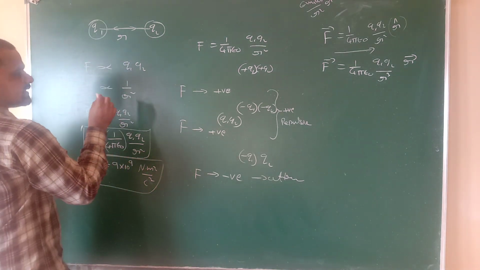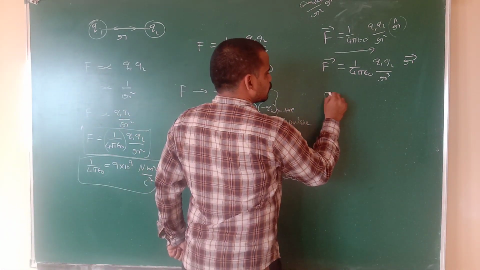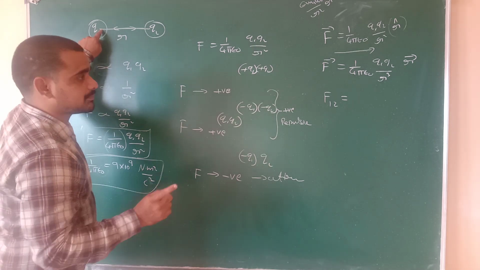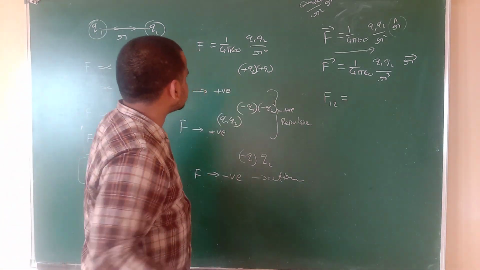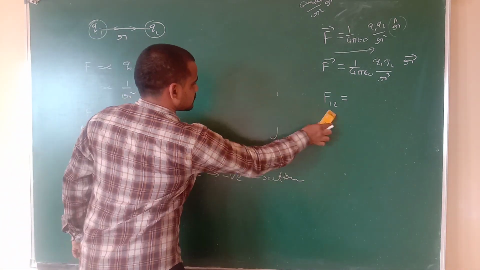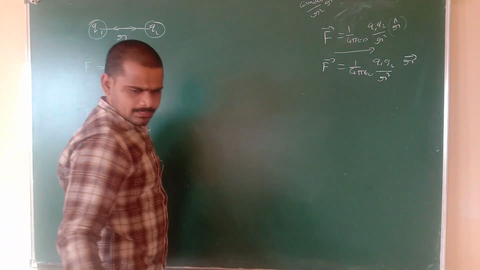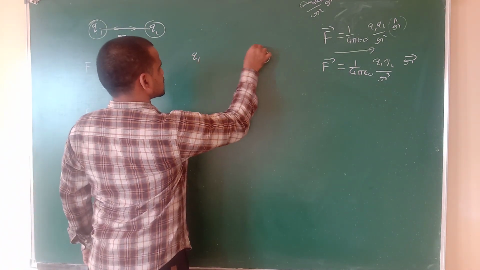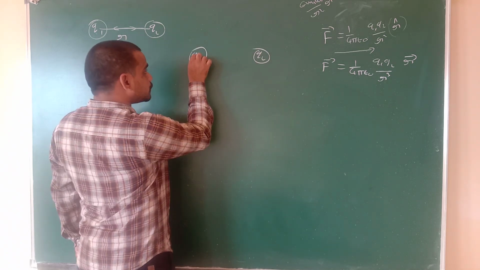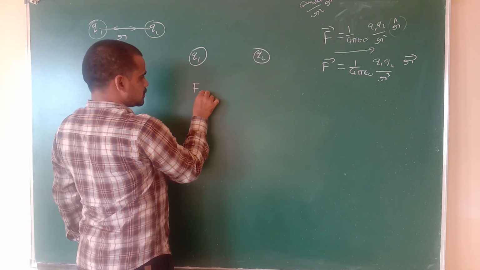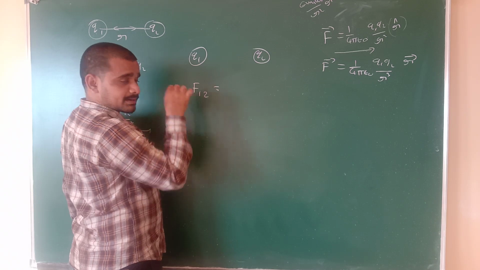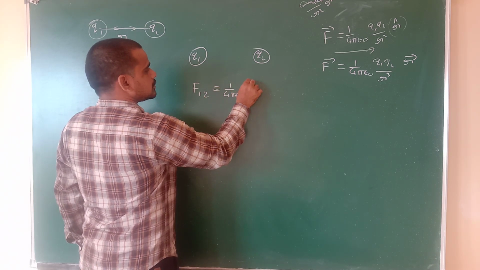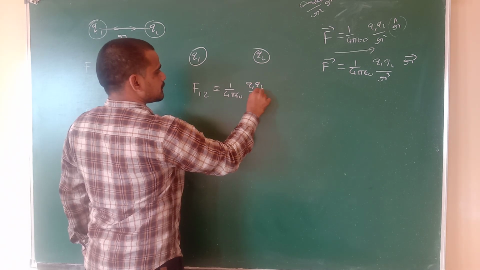And I'll tell you one more point here. What is the force acting on 1 by 2? It's a repulsive force. Remember, very important. Two charges I'm taking here, Q1 and Q2. Force on 1 by 2 is equal to 1 by 4 pi epsilon naught Q1 Q2 by r square.